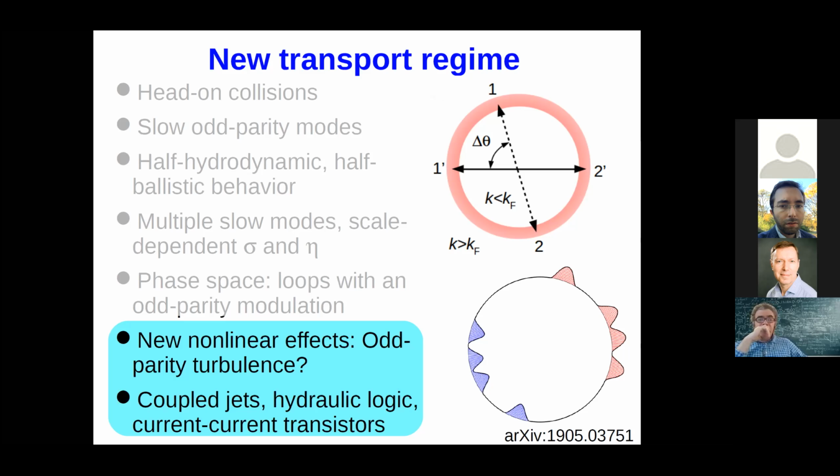And if you think about it from the conventional point of view, ignoring those slow modes, then the estimates give you Reynolds numbers which are not too impressive. I mean, you can get much bigger than 1, but not as high as you want to be in a really turbulent regime.